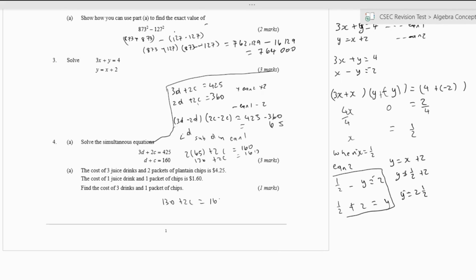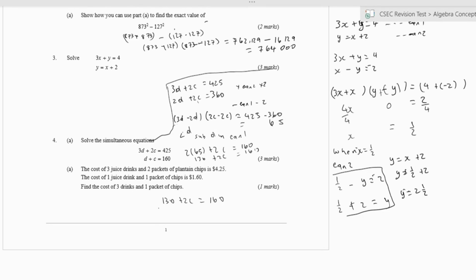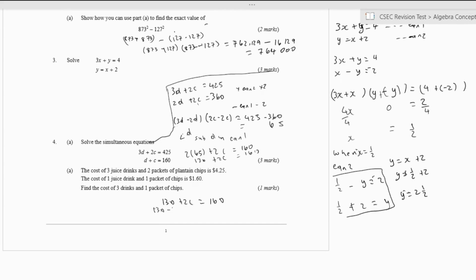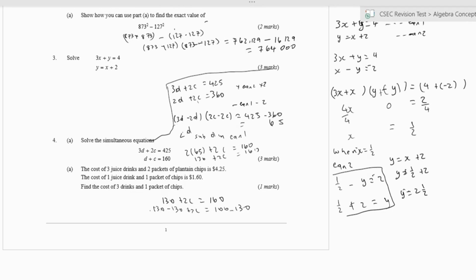What we can do is subtract 130 on both sides, and we'll have 2c equal to 160 minus 130, which is equal to 30. Dividing by 2 on both sides, our c is equal to 15. That would solve our simultaneous equation for c.